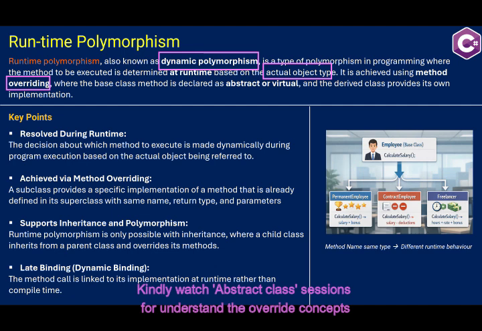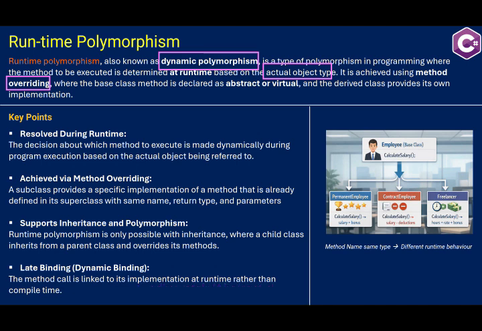We will take one more example while explaining runtime polymorphism. And one more thing: we can do overriding not only using abstract methods, we can even do it using virtual methods as well. We will discuss virtual methods in the next session.